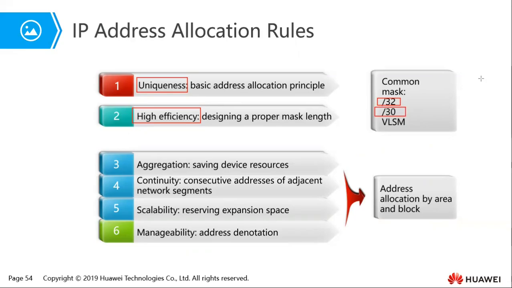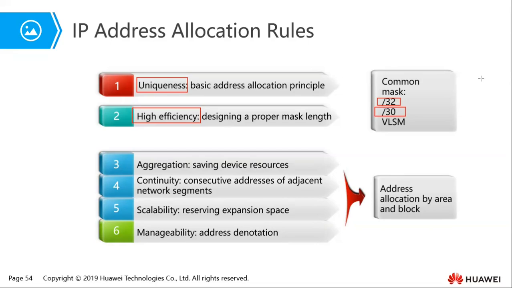Just two assignable addresses, because 2 raised to power 2, we get 4. We can't use the first and the last, so we only have two addresses. So it's normally used when you want to do point-to-point connections between devices. So we use a /30 so that we have two assignable addresses.